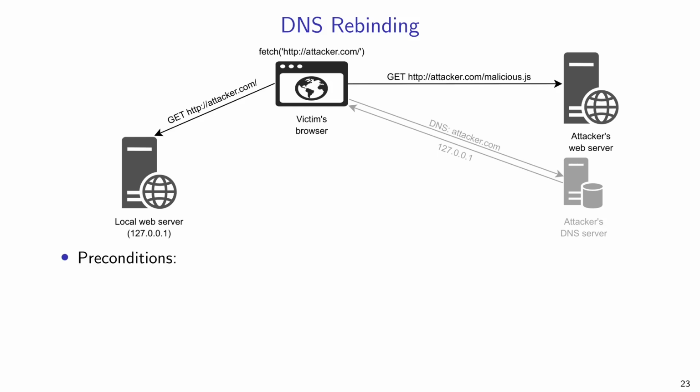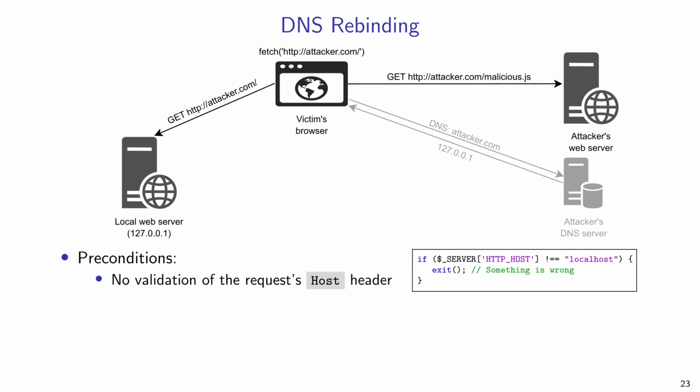At this point, however, you should recognize that there are two key preconditions for this attack to succeed. First, the target server must not validate the HTTP request's host header. For example, if the server performs a check like this, then the attack fails because the victim's browser will send this request with a host header of attacker.com.